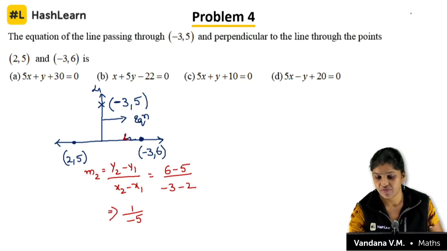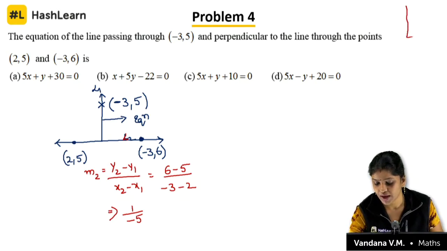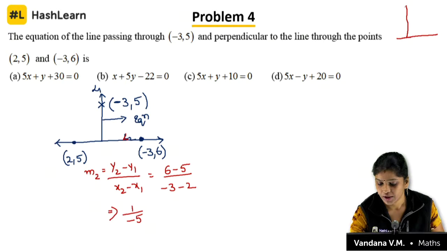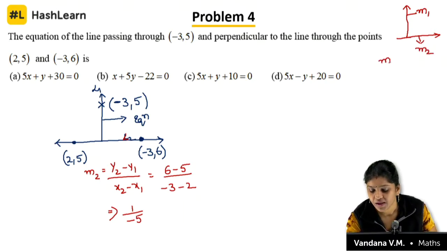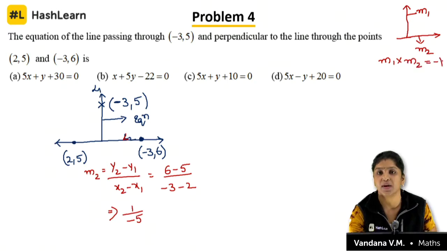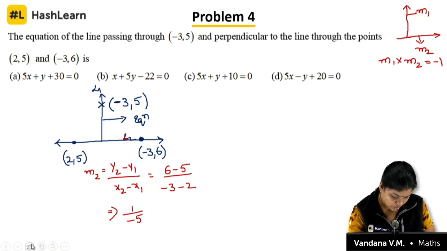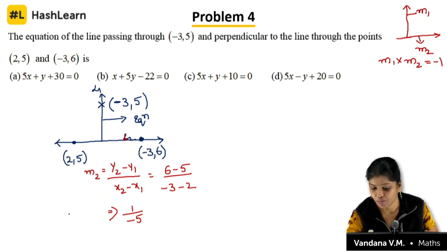Yesterday itself I told you, if two lines are perpendicular, if for the first line the slope is M1, for the second line the slope is M2, what is the condition for perpendicular? M1 into M2, its product must be equal to minus 1. If I would like to know the first line slope, that is M1 equals minus 1 by M2.